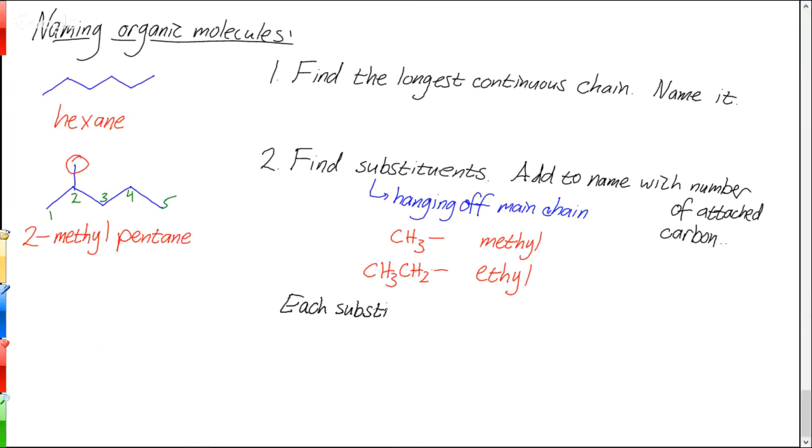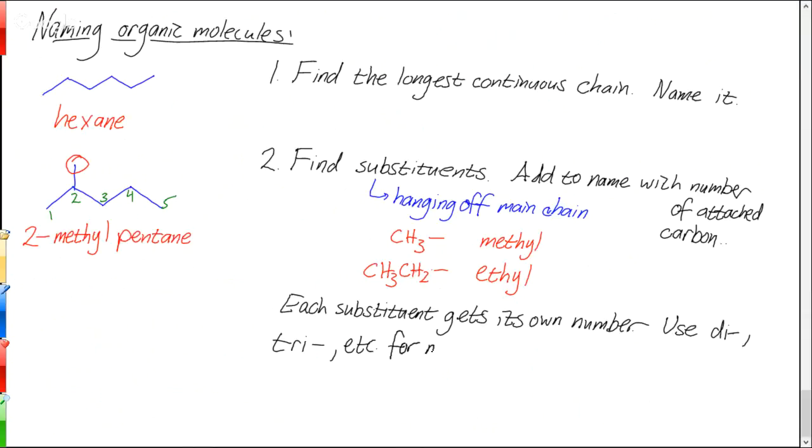If there are more than one substituent, each substituent gets its own number. And again, we'll get to this. And we'll use these prefixes like we've used before: di, tri, tetra, penta, if we have multiples of the same type. Again, we'll see that in a second.